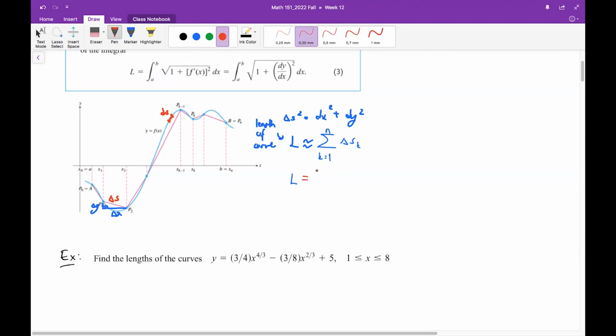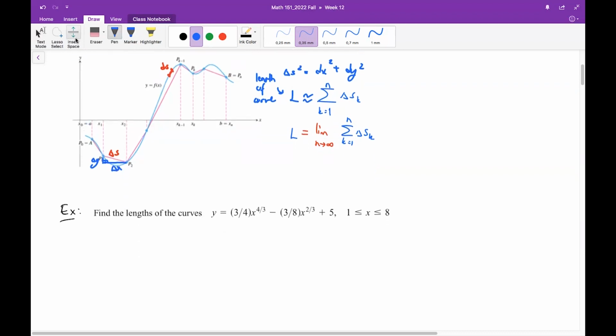That's why all we need to do is to put this limit as n goes to infinity in front of this finite sum. And you get used to this idea: if you want to get rid of the errors, you divide into infinitely many intervals. So you should send n to infinity, only then can you put the equality sign here.